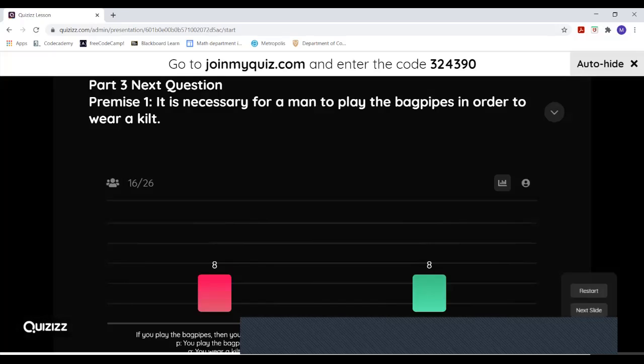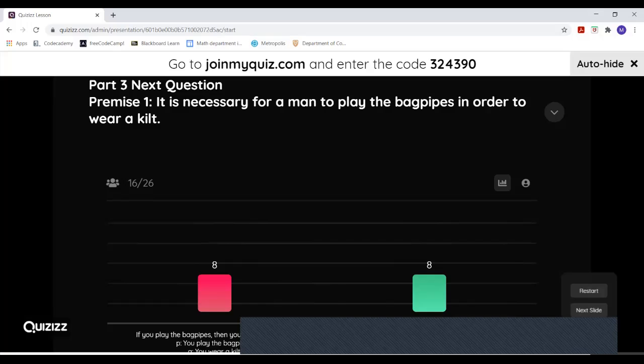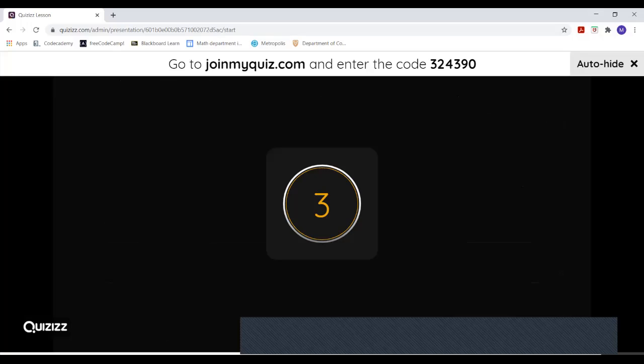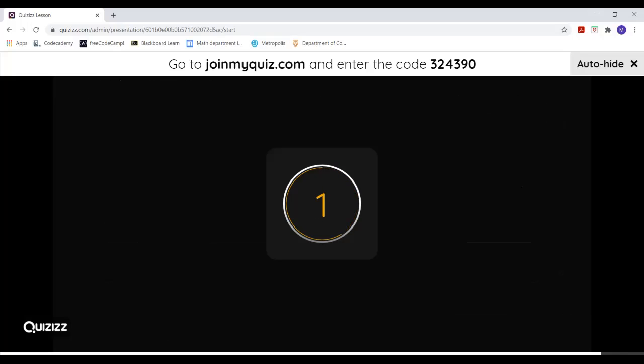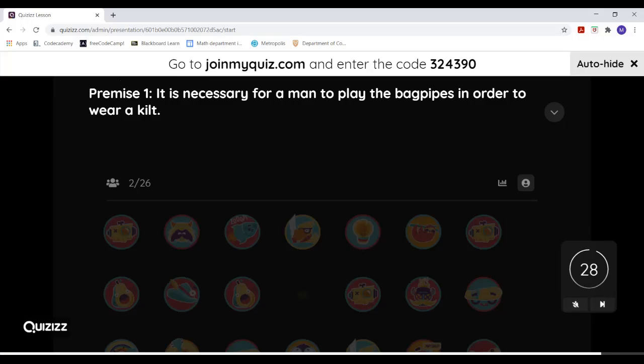So now P is our, yes, this one, I hate the wording, man. You should be aware of this wording. The necessary is backwards. I'll use it in the notes and in the homework, but probably not going to use it too much personally, if I'm being honest. So if kilt, then bagpipes is the one that we want to go with.